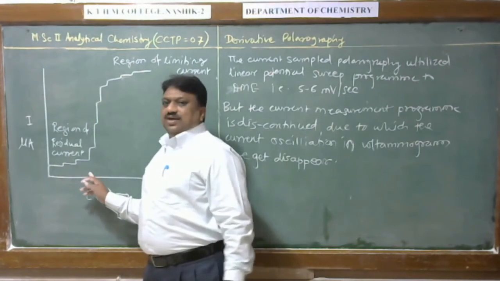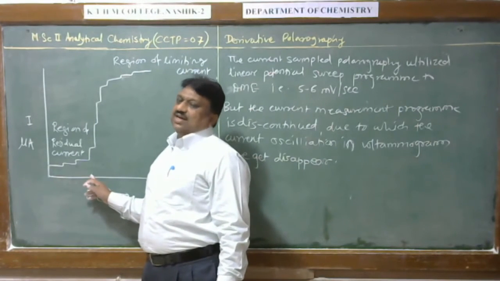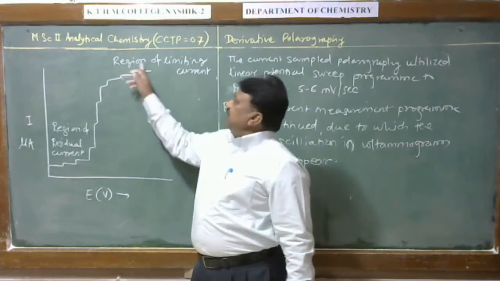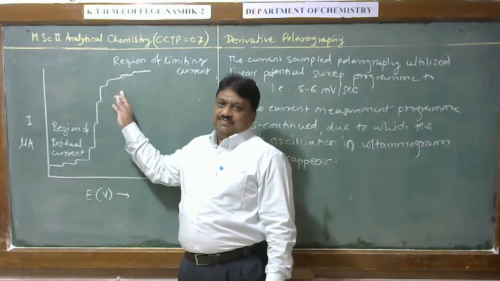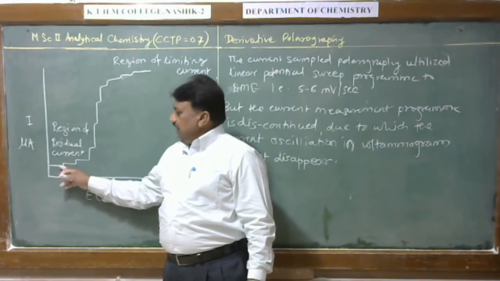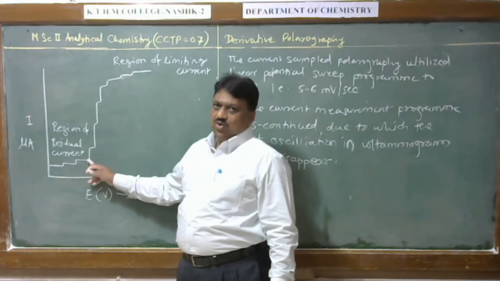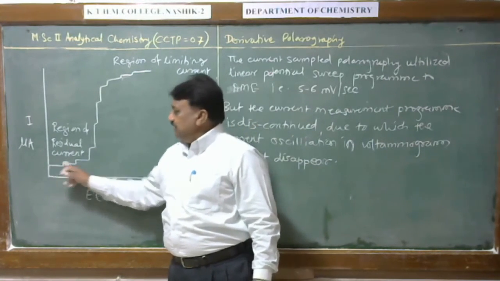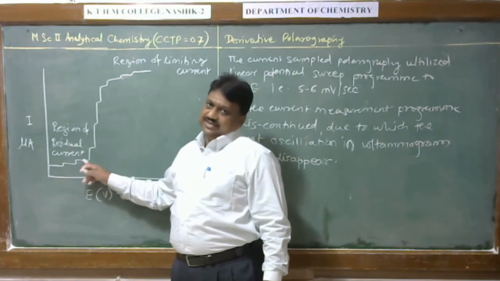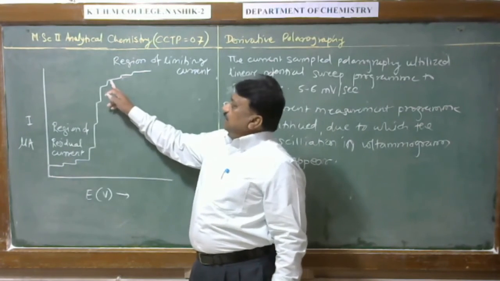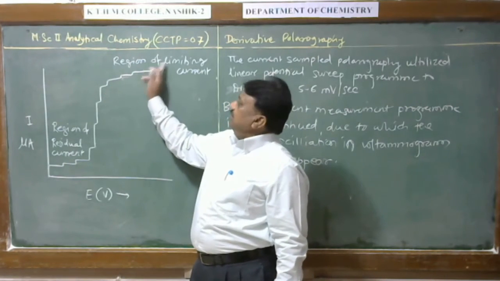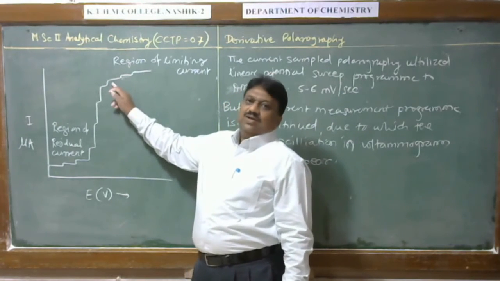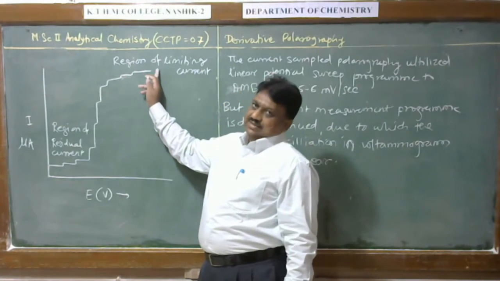In this current-voltage curve, that is, in the current sampled polarogram, the region of residual current and the region of limiting current become noisy. Noisy in the sense that we see an increase in current, though reduction of the analyte is not possible in this region. Even where the analyte is completely reduced, in the region of limiting current, we observe increasing current.